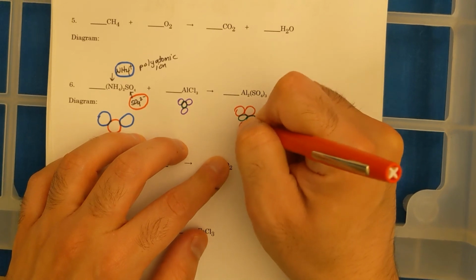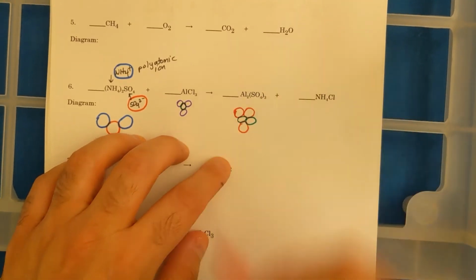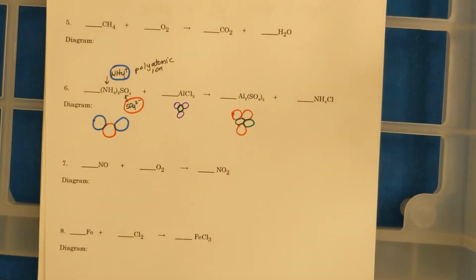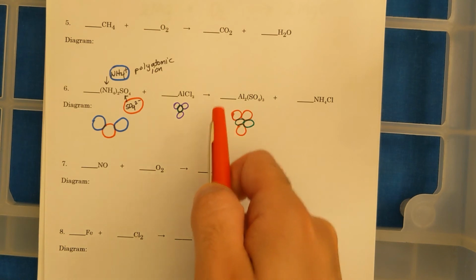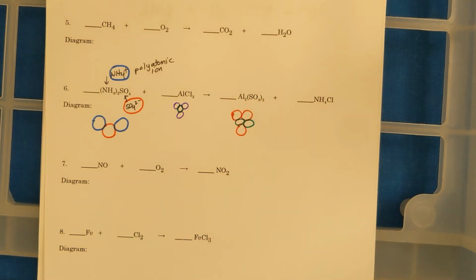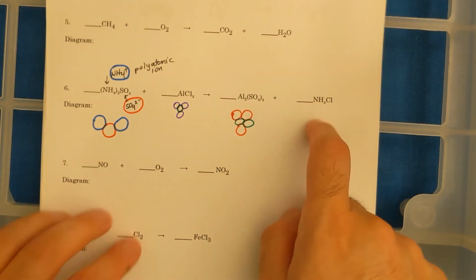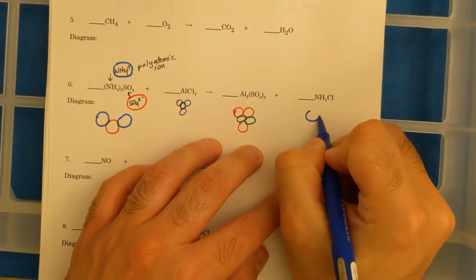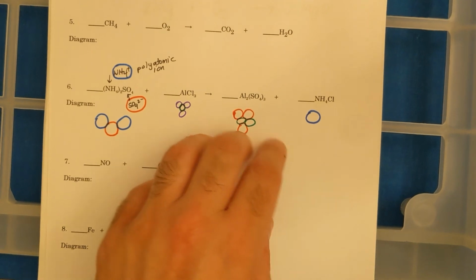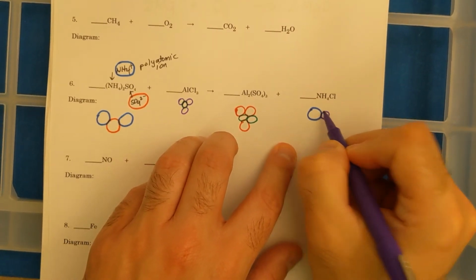Doesn't matter how you draw them, as long as you draw them. You could have them connected in a circle, all connected together, but this has my 2 Als, and it has 3 SO4s. And then I have one NH4 and 1 Cl. So I have 1 NH4, and then we use purple for Cl.